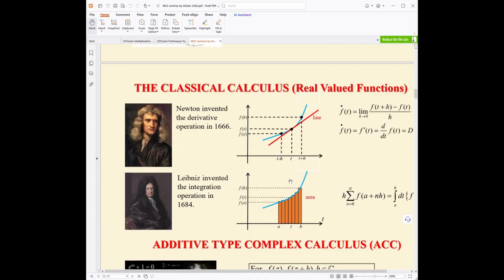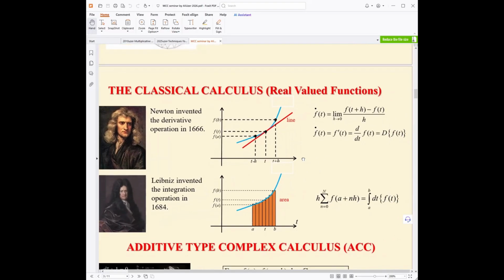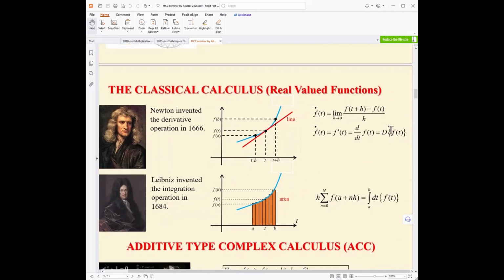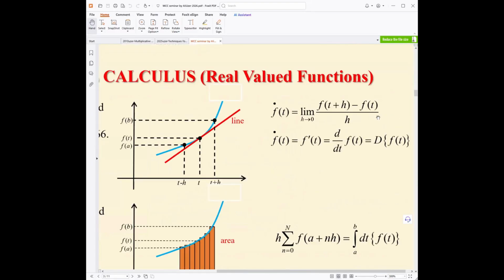Let's remember the basic principles of calculus. It was first invented by Newton, as you know, in 1966. And then Leibniz contributed to this definition of the calculus through the integral parts. He defined the integration process. According to the philosophy of Newton's calculus, we can make a subtraction between two values of a function, maybe the past value and the present value, and the future value may be estimated by means of this approximation.